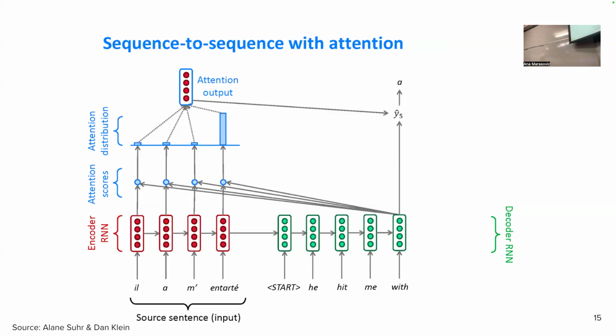Now I want to produce a contextualized representation of the source sequence relative to the J position in my decoding step, in my decoder. So CJ is going to be a sum of I going from 1 to L, so over all of the source tokens.